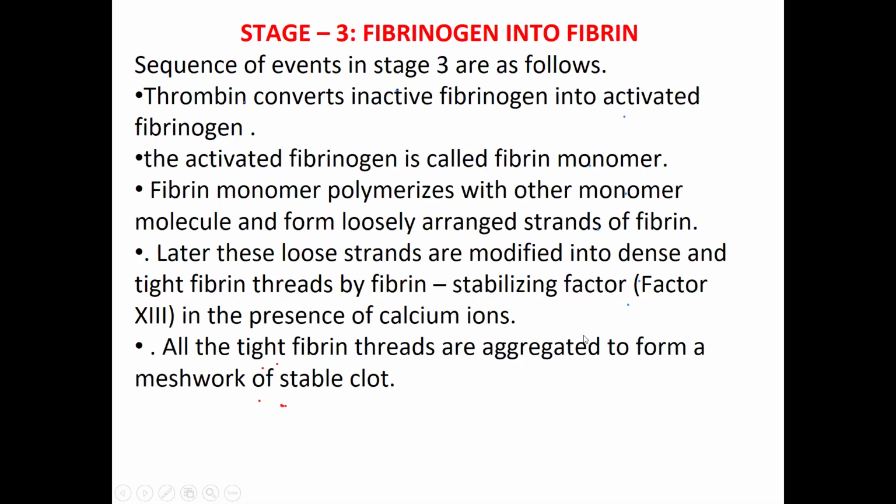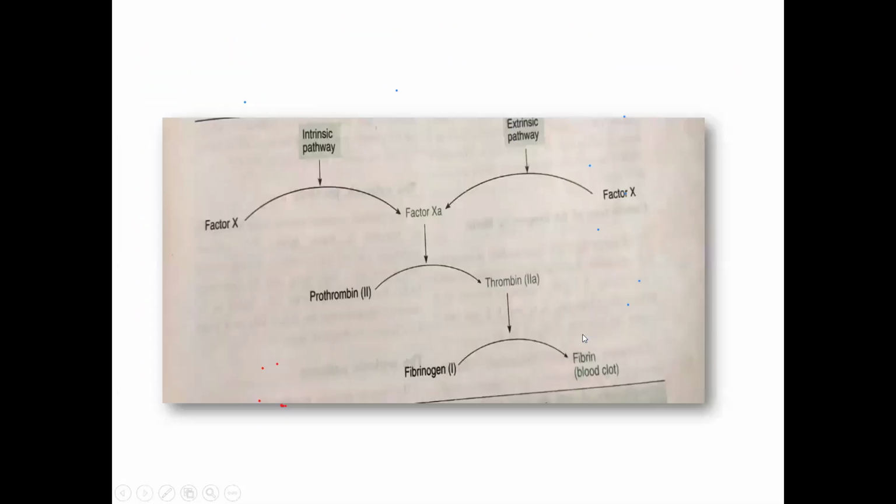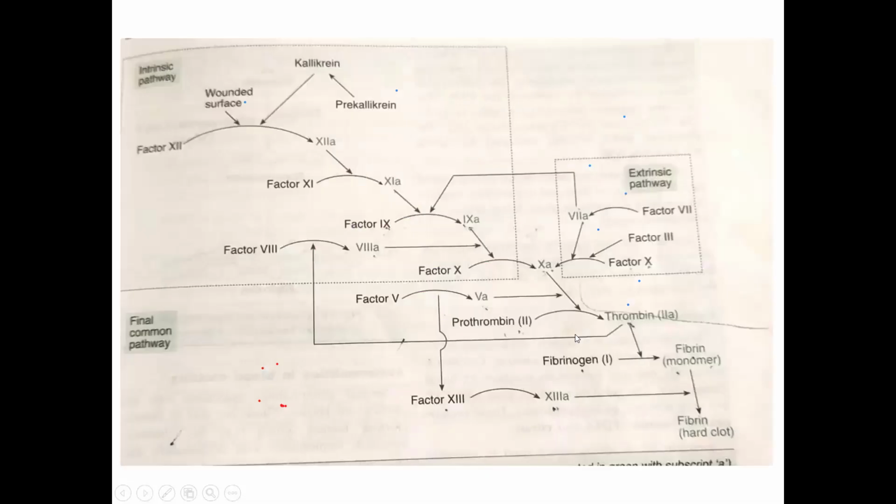Ultimately, they stop the bleeding process. So it may occur in the intrinsic pathway or the extrinsic pathway. Here, the Hageman factor, the 12th one, due to the wounded surface and the kallikrein, is converted into 12A.